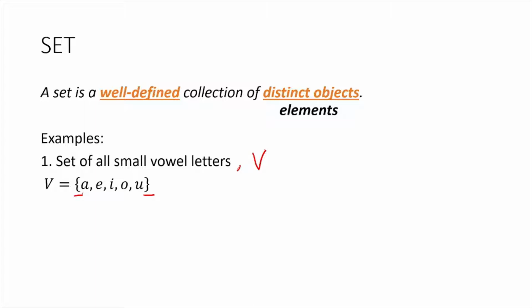And this particular method of describing a set is what we call the roster method. Okay, so in this method, we just list all of the elements that satisfy the given rule or property. All right, and then later on, we'll discuss some more methods of describing sets.